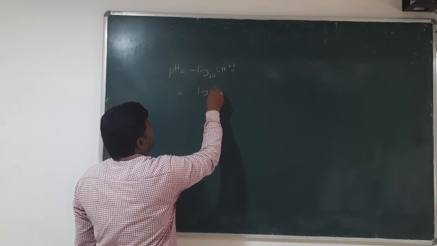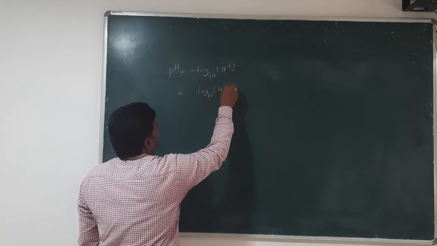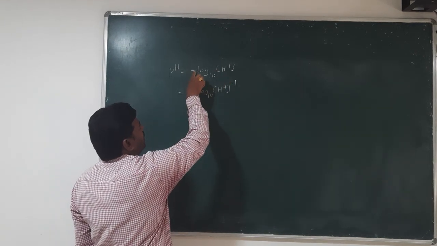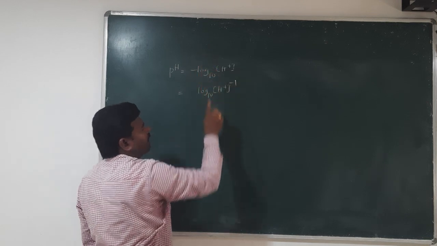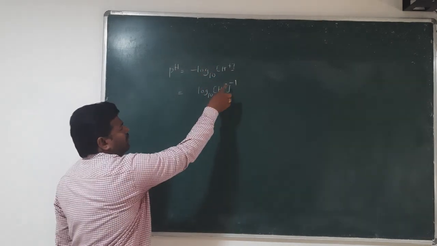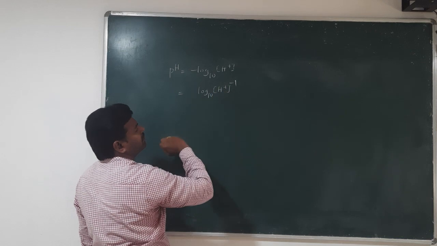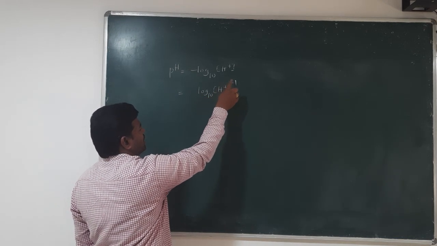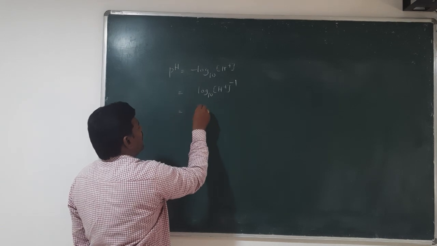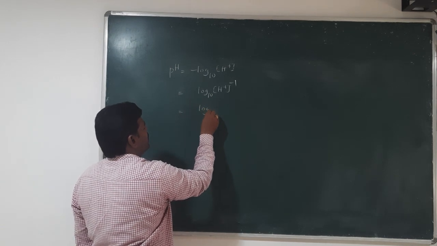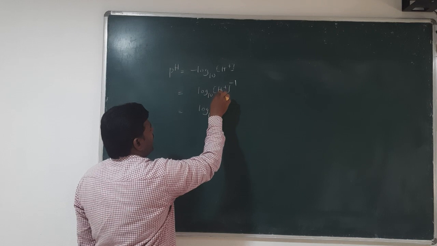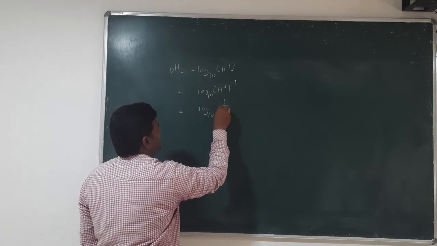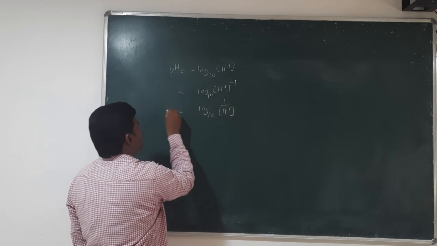log to the base 10 of the concentration of H plus ions inverse. If you take this negative sign to the power of the H plus ion concentration, this can be written as log base 10 of the concentration of H plus ions inverse, that is, 1 by the concentration of H plus ions.